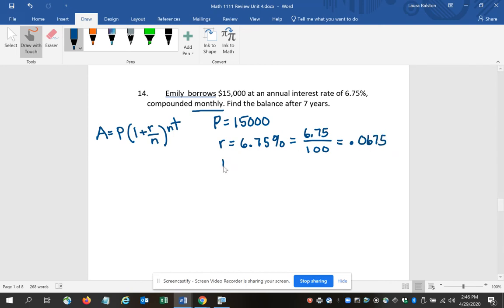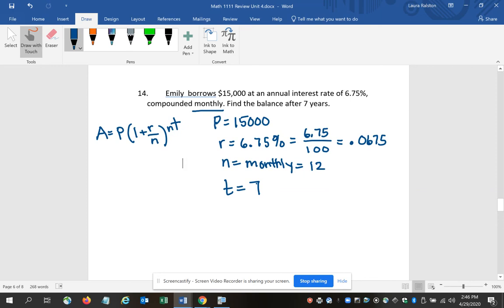And we want to know how much money she would have after 7 years, when it's compounded monthly. So monthly is my compounding, and there are 12 months in a year, and we want to know what happens after 7 years.